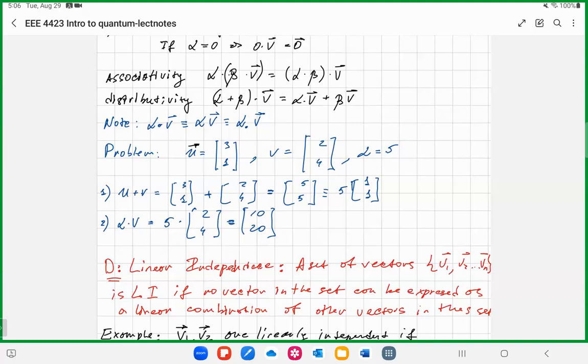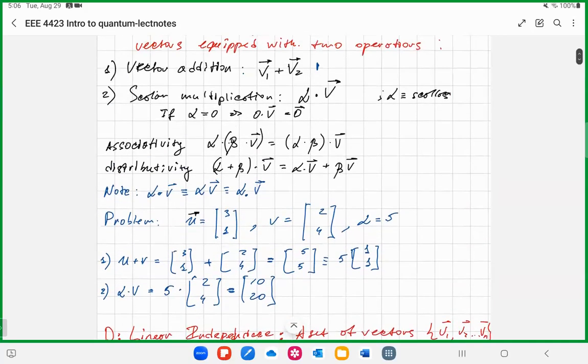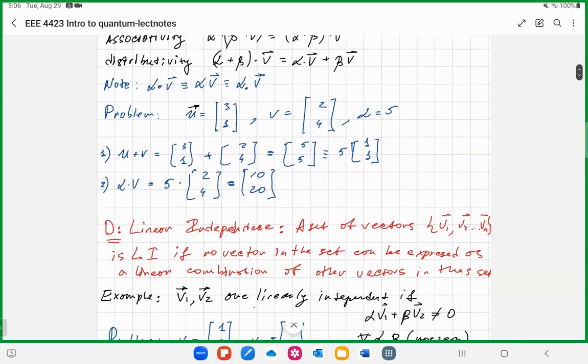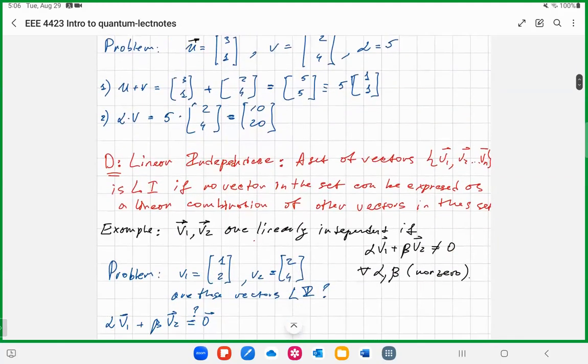Basically it's defined by these two operations of vector addition and scalar multiplication of a vector by a scalar, a constant, right?